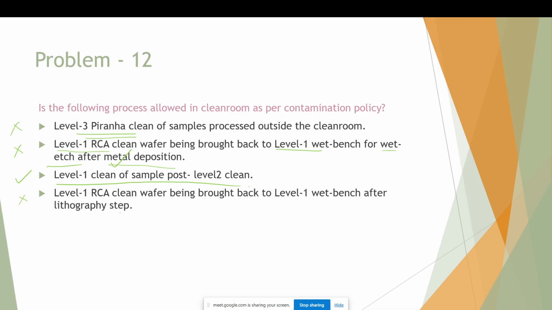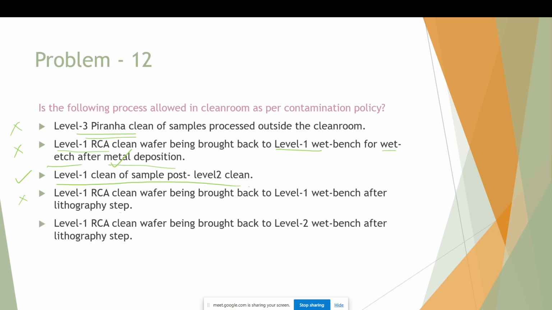The right process, if you really want to bring it back, will be to first clean it at level 2 and then bring it back to level 1. So this is the right one. You first bring it to level 2 bench after the lithography step. Then, based on the protocol of your clean room, you do the required cleaning at level 2, then do the cleaning at level 1.